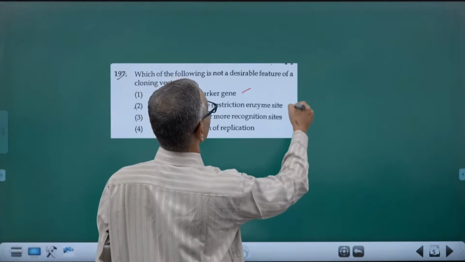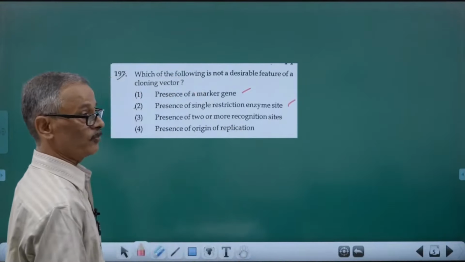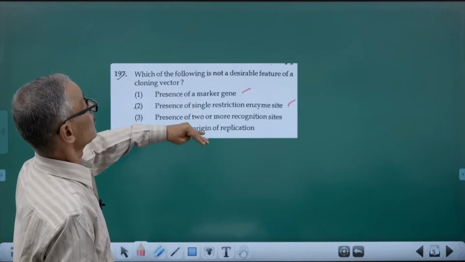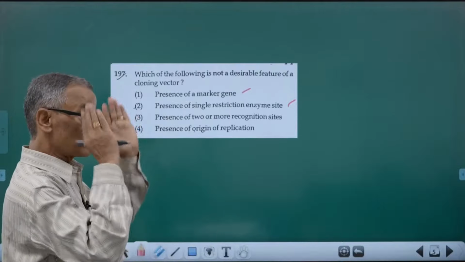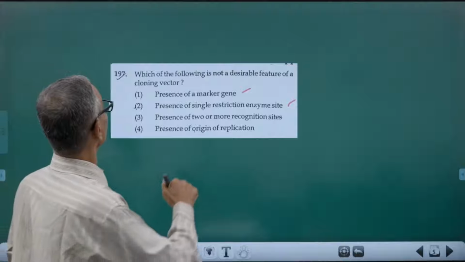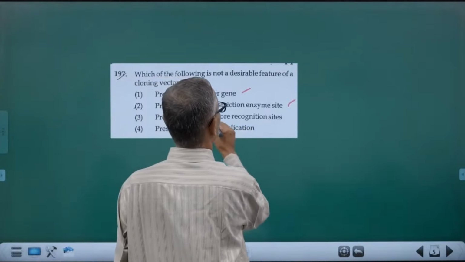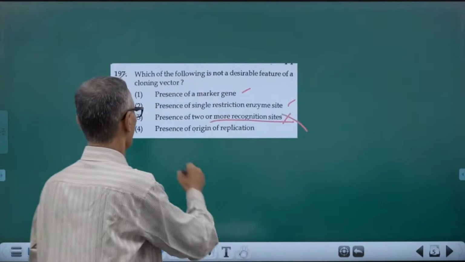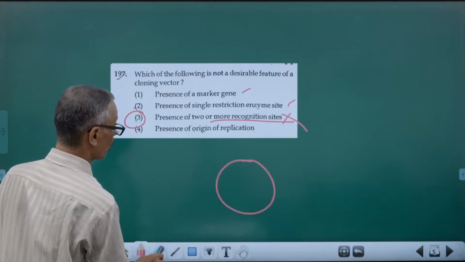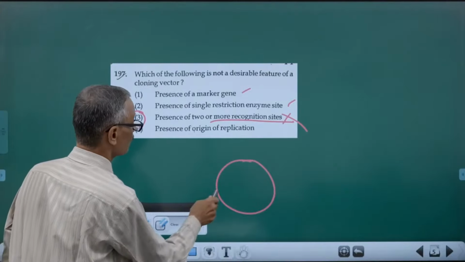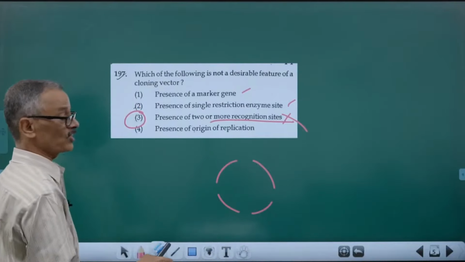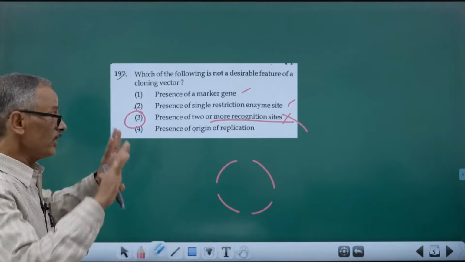Presence of a single restriction site for a particular enzyme, because more than one restriction site for the same enzyme will cleave the vector into so many pieces and complicate the entire process. Presence of two or more recognition sites, you don't want it, because if a vector is having more than one cutting site, it will be cut into so many pieces and it will complicate the entire process.